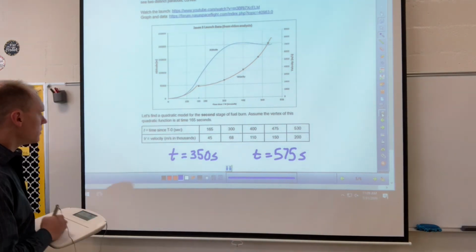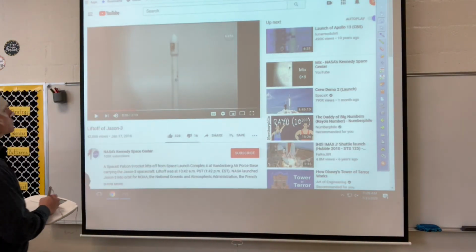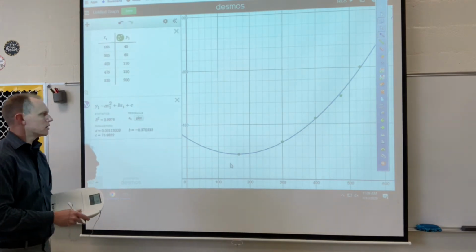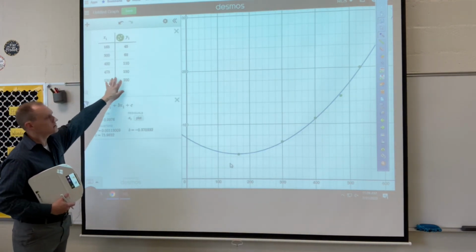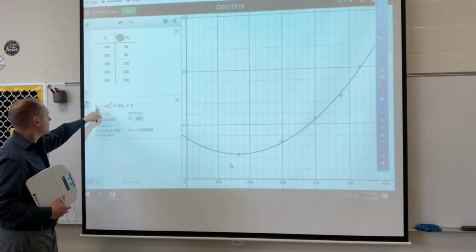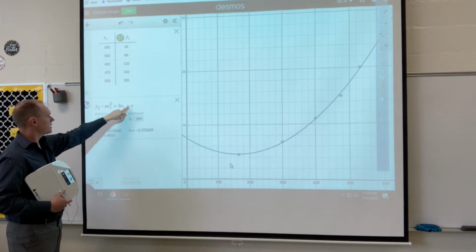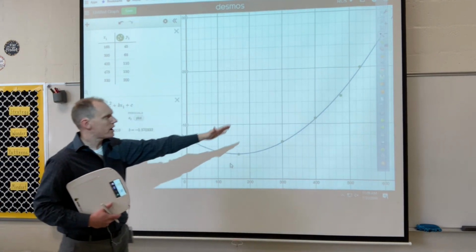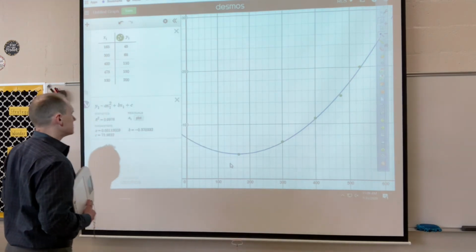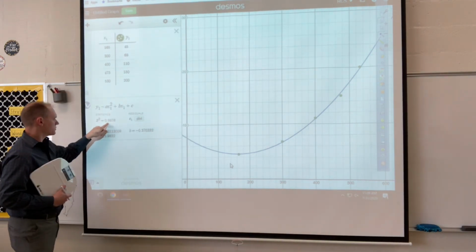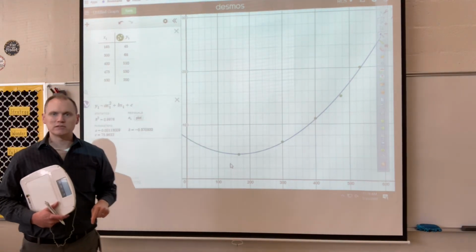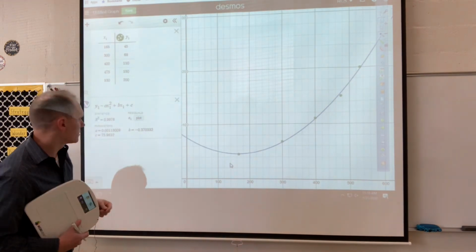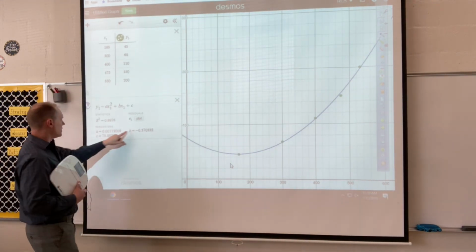Okay, so regardless of what method you used, we should be getting very similar numbers here. I've typed my data into Desmos, and I've typed in my quadratic regression setup here. You can see that the graph is a very good fit to the data, which makes sense because the r squared is 0.9976. So very, very good. The A, B, and C are down here.